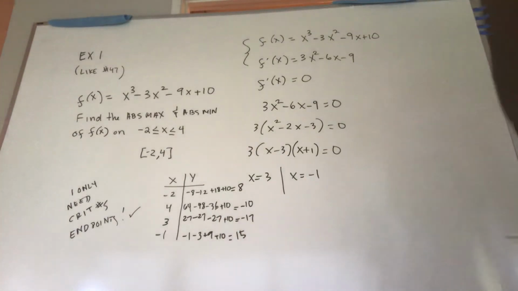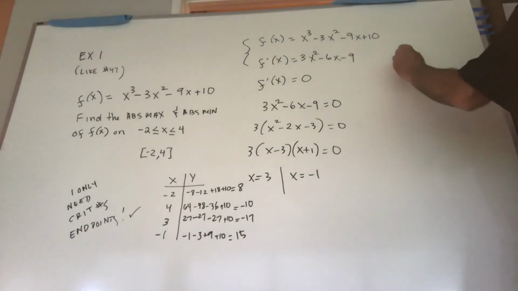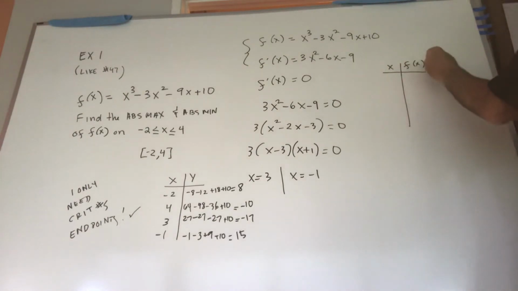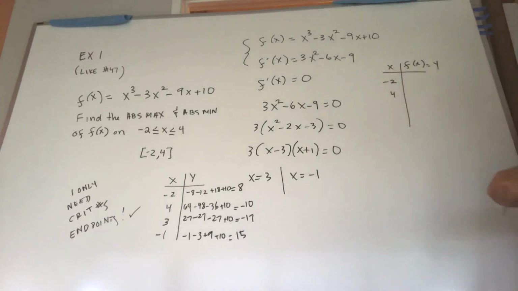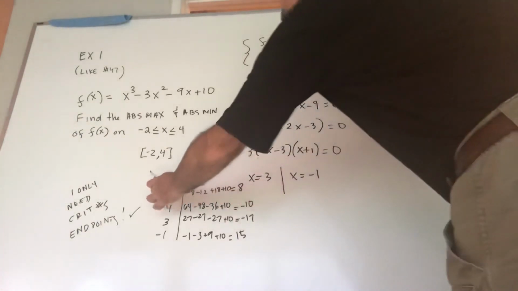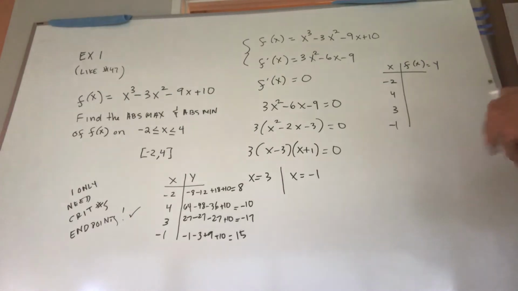Okay, so what do I have for my choices? I'm going to put the choices over here, the x and then the f of x choices, which is obviously y. The endpoints were at -2 and 4. Remember, there's always a left endpoint and a right endpoint, and then there are critical numbers, and there can be lots of critical numbers, usually between 0 and 4.